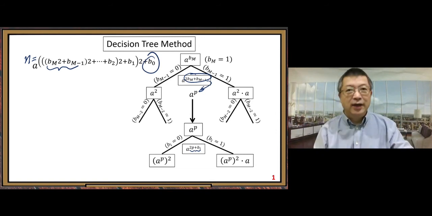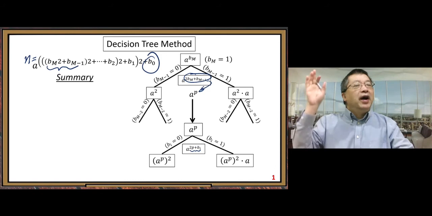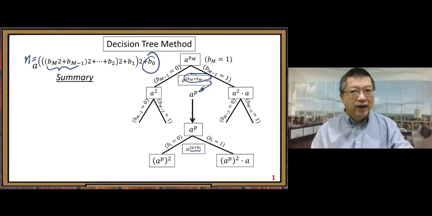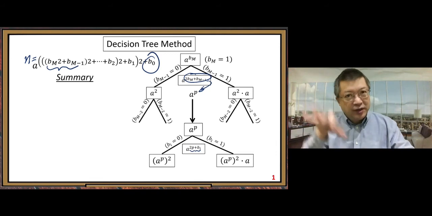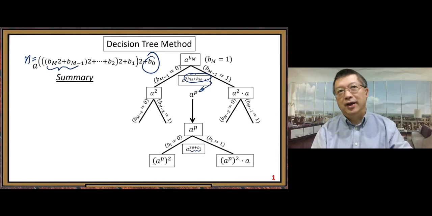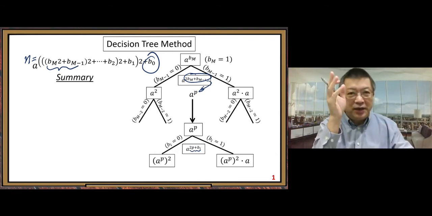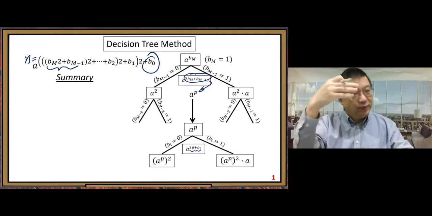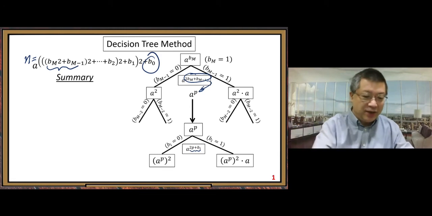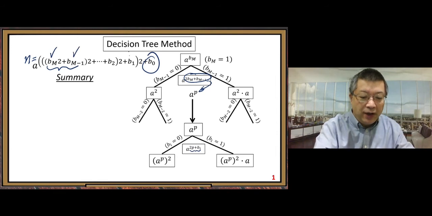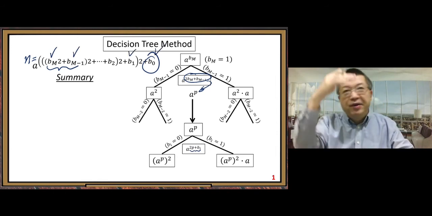At the end, let me do the summary. Following this procedure, we can write our code. We have a for loop, because the number of bits is known.